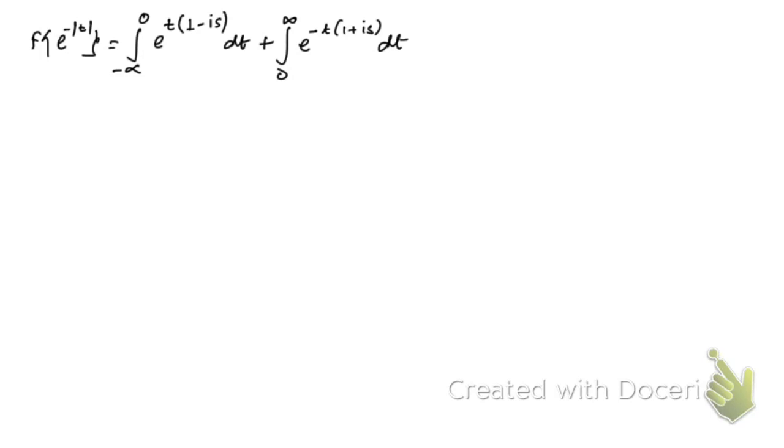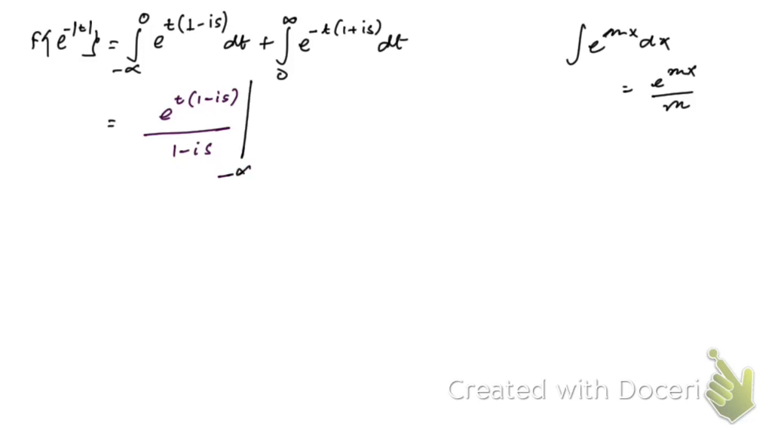So if you integrate this, so integration of e to the power mx dx is nothing but e to the power mx by m. If you apply that, then it's gonna be e to the power t into 1 minus is divided by 1 minus is, and we are integrating it from minus infinity to 0, then plus here we're gonna have minus t.